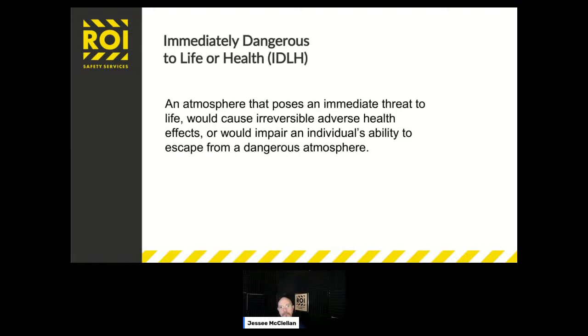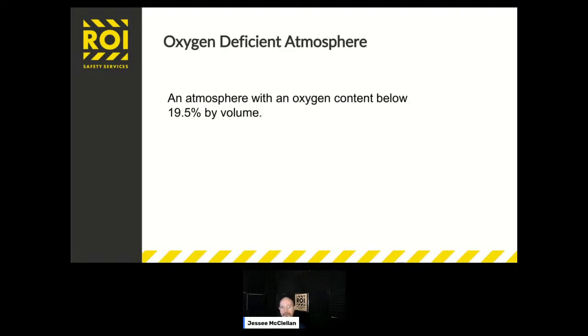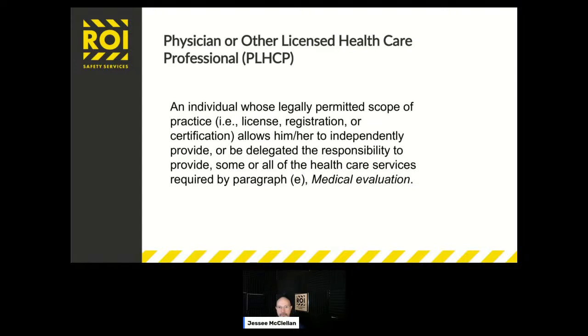Now, if you're dealing with an IDLH, immediately dangerous to life or health, or what I call immediate danger to death situation, you definitely need to anticipate having supplied air. Anything with an atmosphere with oxygen content below 19.5% needs supplied air.